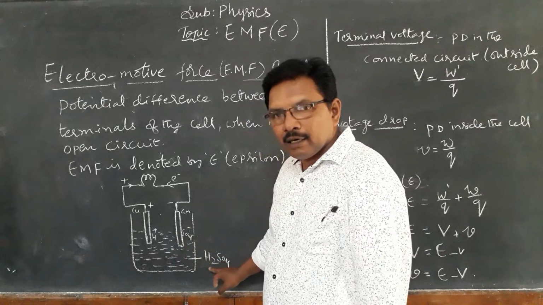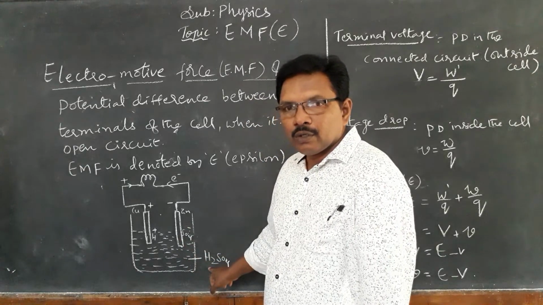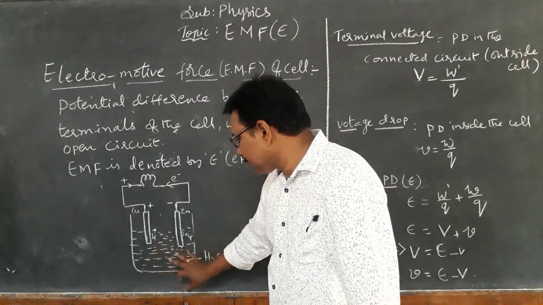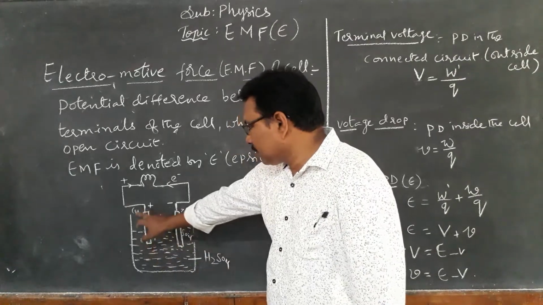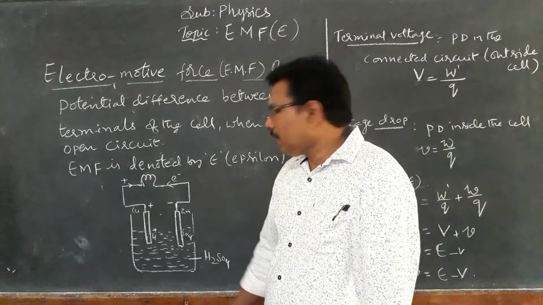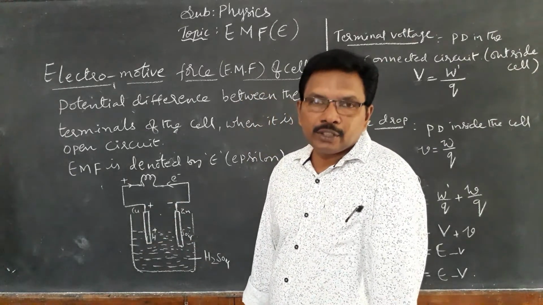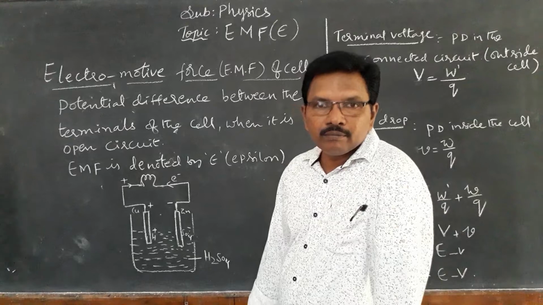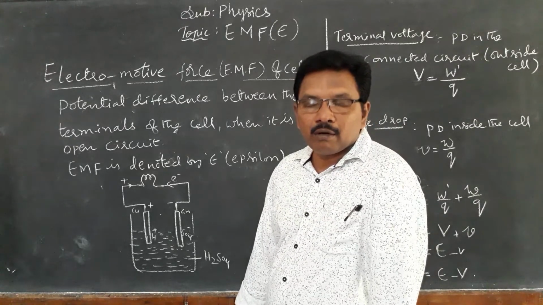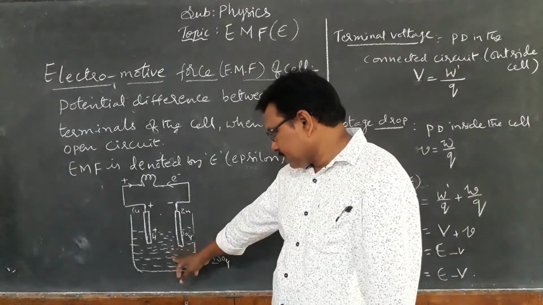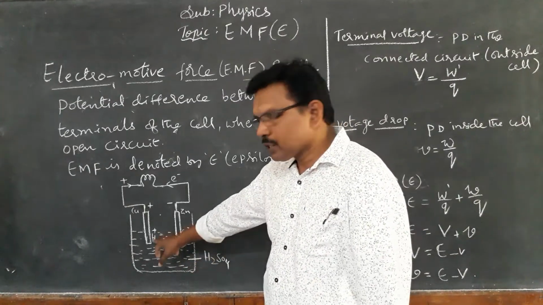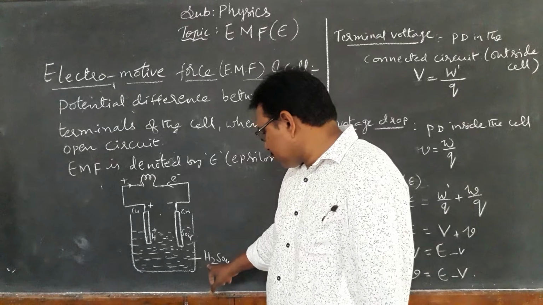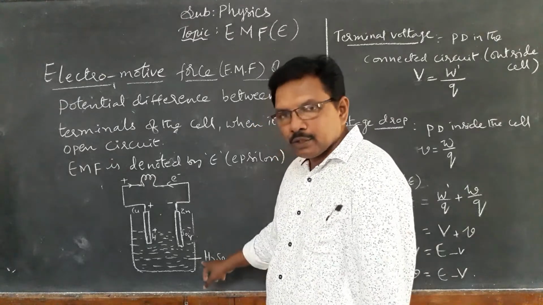Whenever the electrolyte is decomposed into positive ions and negative ions, all positive ions accumulate on the copper plate, and this copper plate becomes the positive terminal, called the anode. The positive particles are H plus, and the negative particles are SO4 negative ions.